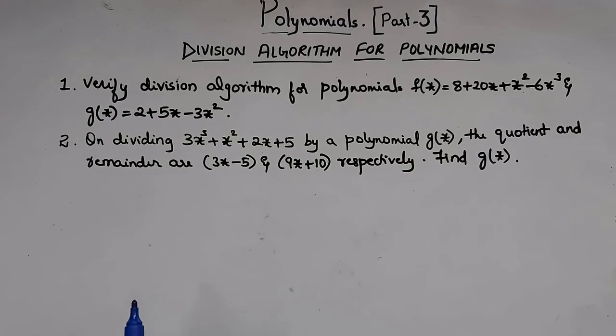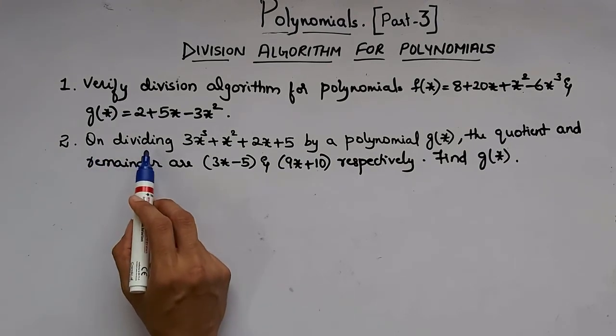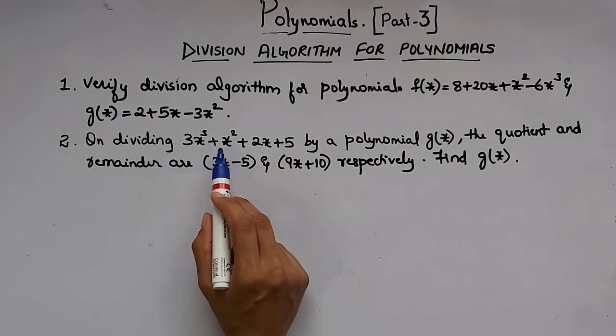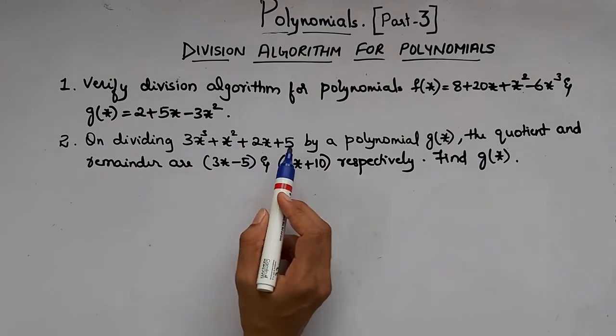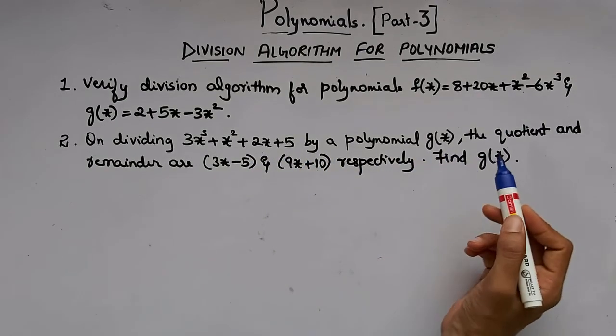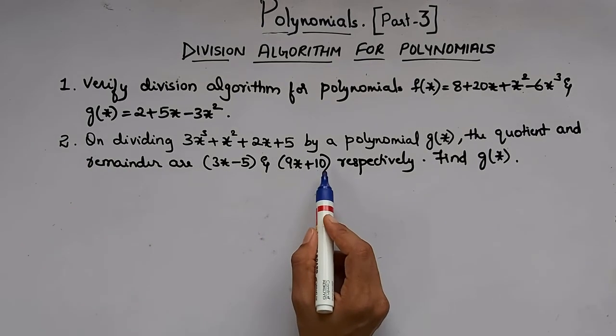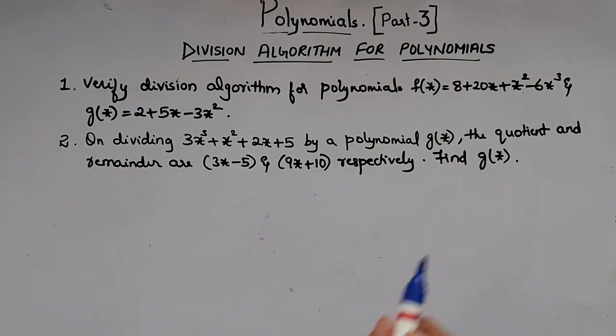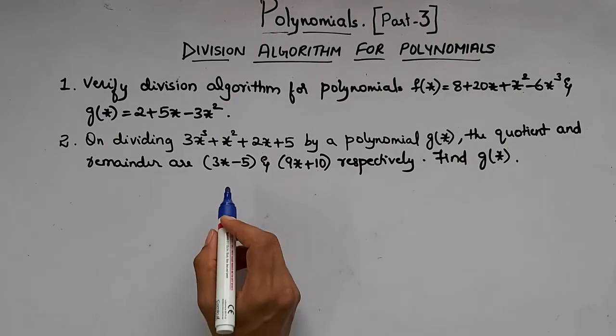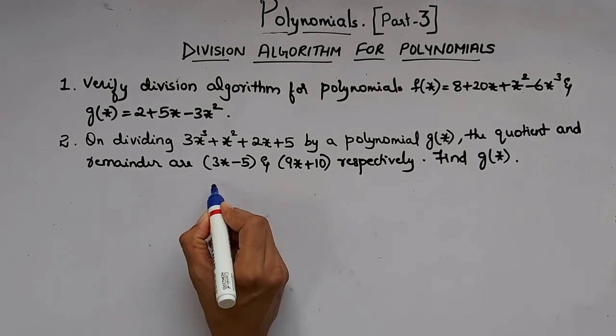I have another problem for you guys, that is on dividing 3x cube plus x square plus 2x plus 5 by a polynomial g of x. The quotient and the remainder are 3x minus 5 and 9x plus 10 respectively. Find g of x. Here I'll give the formula, you can try this out.